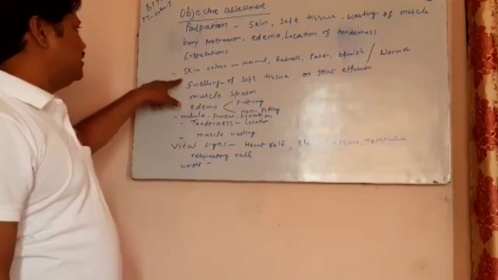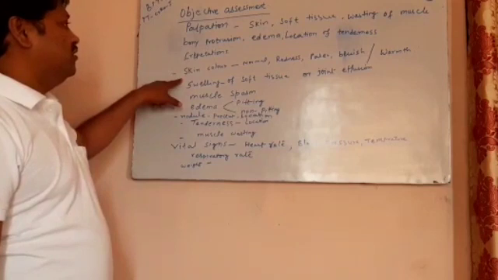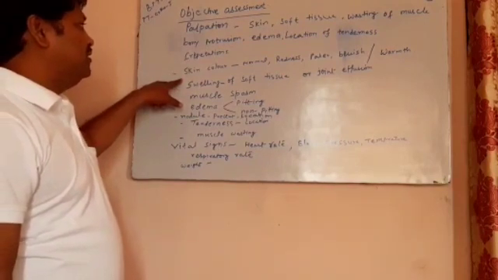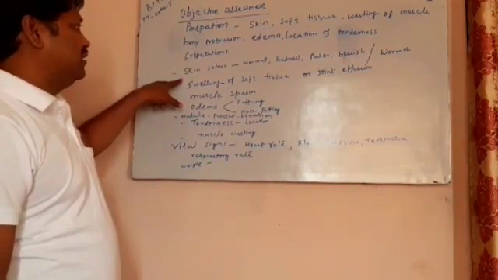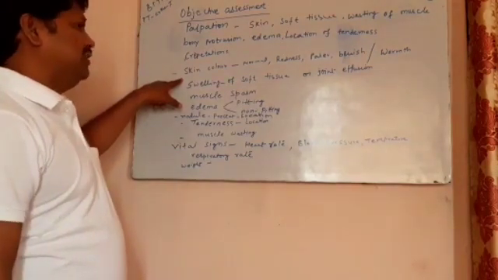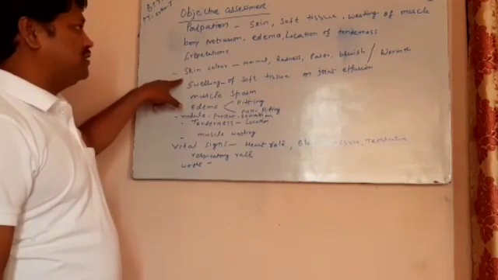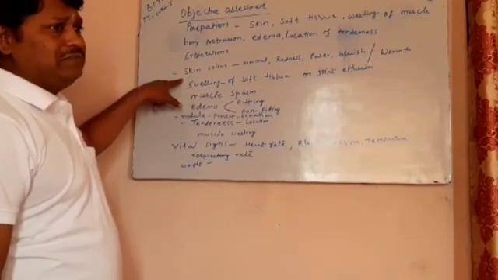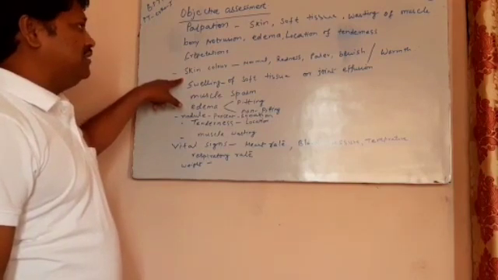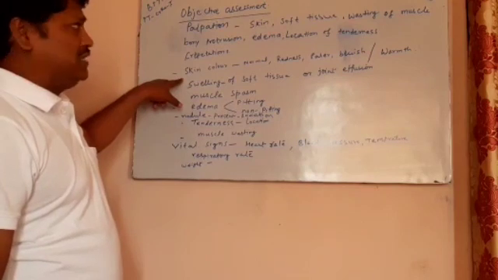In skin coloration, the skin may be red or paler or bluish or normal, depending upon whether it is inflamed or not. Skin warmth should also be taken into consideration, whether it is normal or the temperature of the local area is raised.